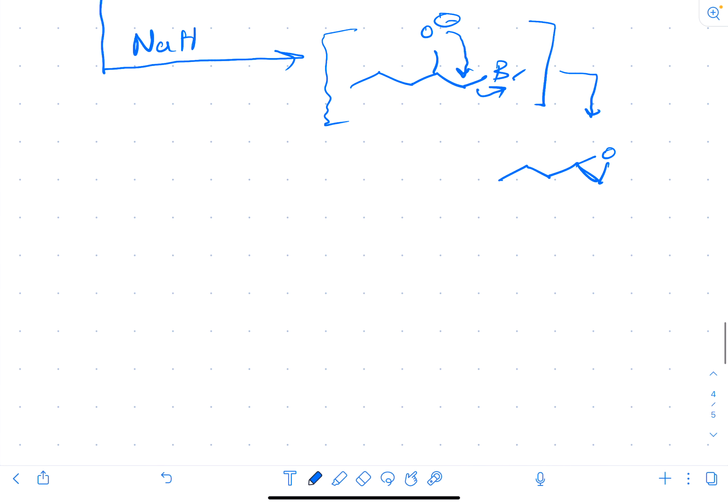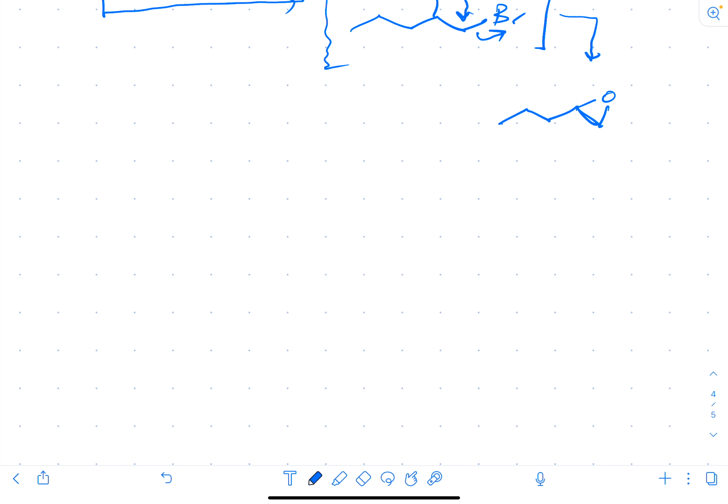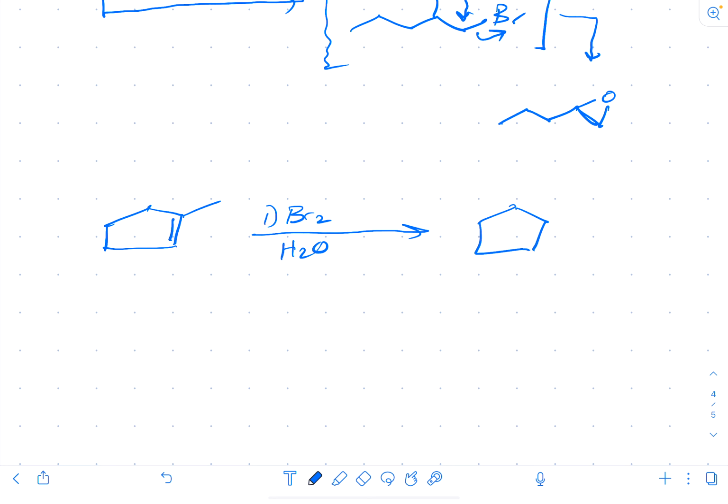So let's look at just a couple of examples there. Let's look at this 5-membered ring double bond. If I do this reaction, Br2 with H2O, in the first step, I will get a halohydrin product, again, where the OH will end up on the most substituted carbon, and the bromine will end up on the least.